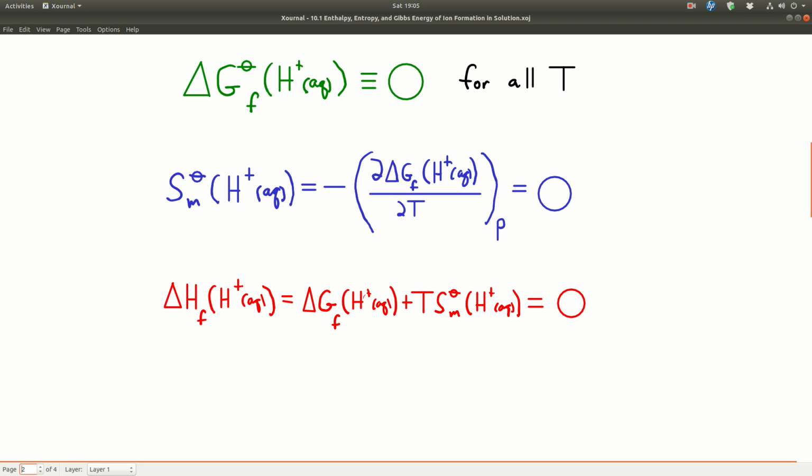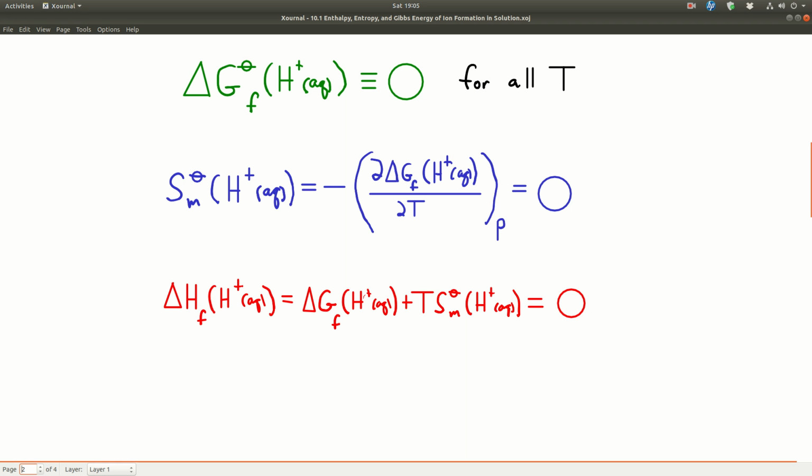That means that the molar entropy under standard conditions of the hydrogen ion in aqueous solution, which is negative partial delta G of formation of hydrogen ion partial T constant P, is 0. And also because delta H of formation of hydrogen ion in aqueous solutions is delta G plus TS, that's going to be equal to 0 too.